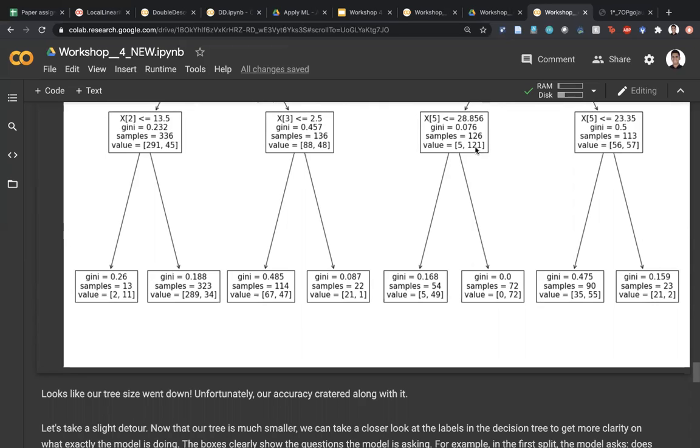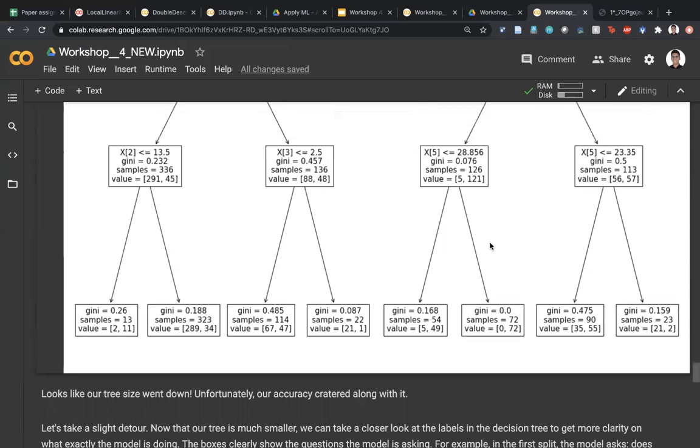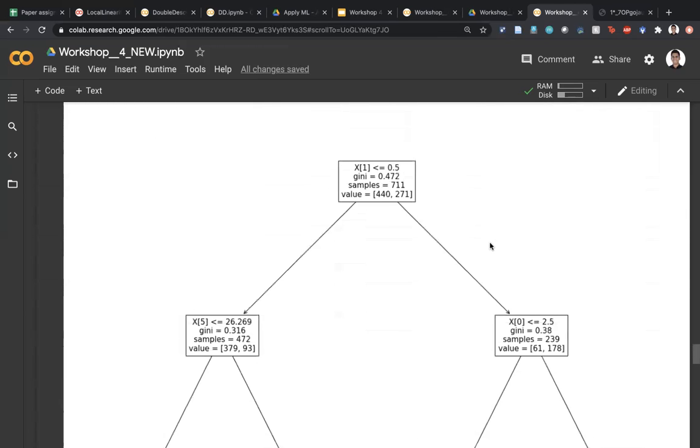So we have a question here. How exactly is the Gini score calculated? It doesn't seem to be a simple proportion. You're right, the Gini coefficient is not exactly a simple proportion. What it is, like I mentioned before, is an indicator of the entropy in the data.